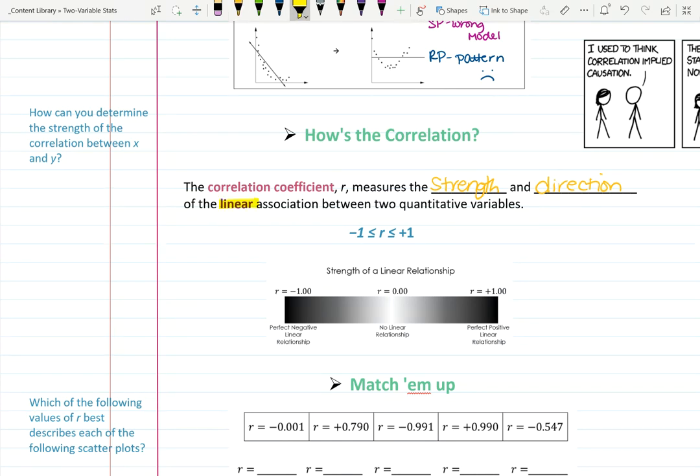When we're looking at the correlation between things, it's only going to be with linear data.